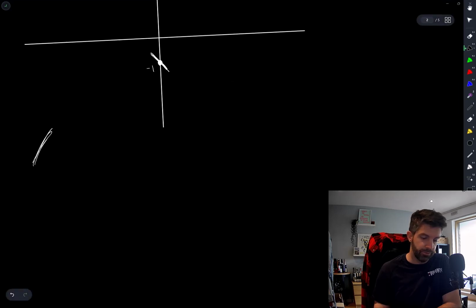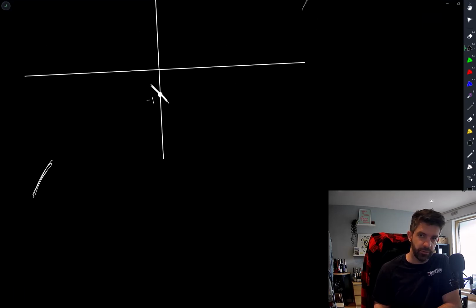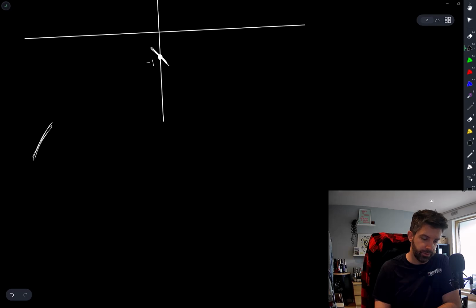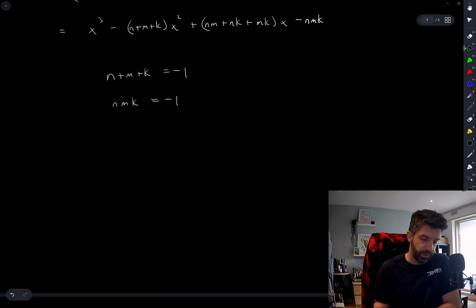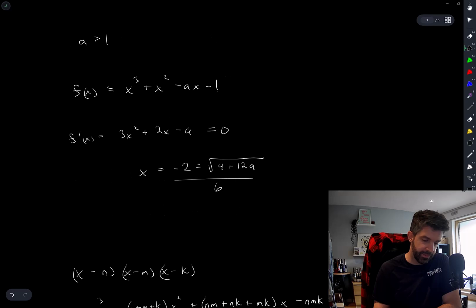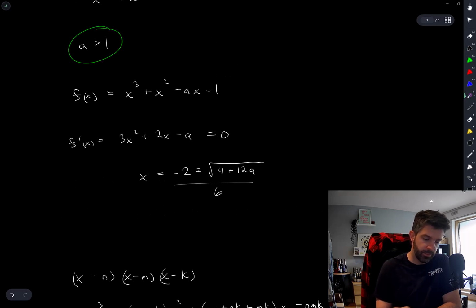So if I just substitute some negative values for x, how about x equals negative 1? This is equal to a minus 1, which is positive. Great, because we're told we only care about doing this when a is greater than 1.